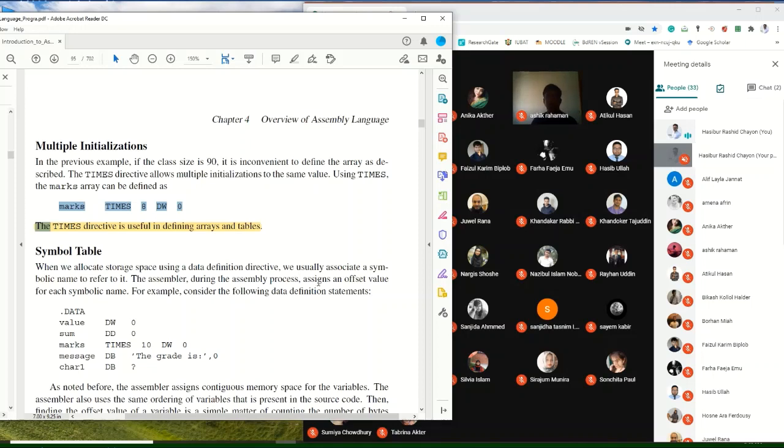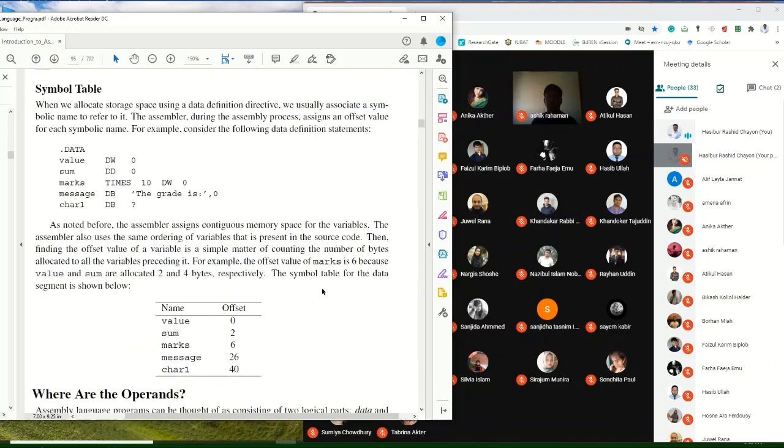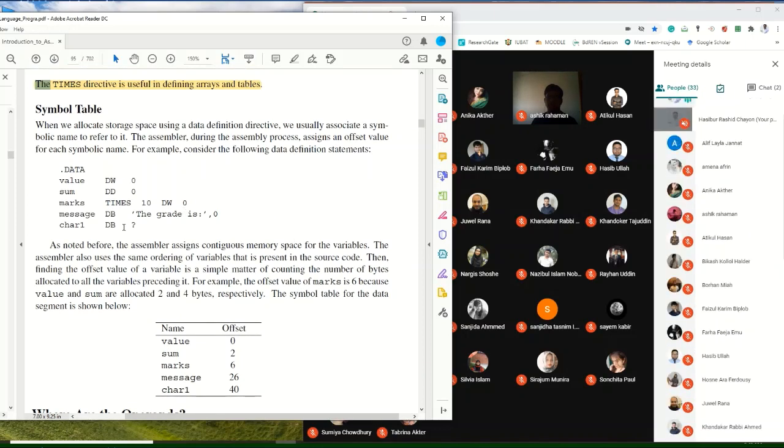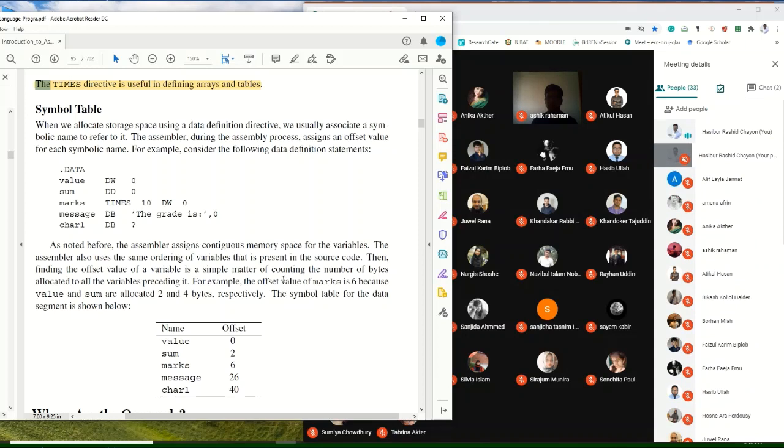Okay. Let me tell you the last topic of today, I mean revision, which is the symbol table. So what is a symbol table? As I told you, in assembly language, whenever you write this line by line, the assembler is actually allocating memory locations serially.